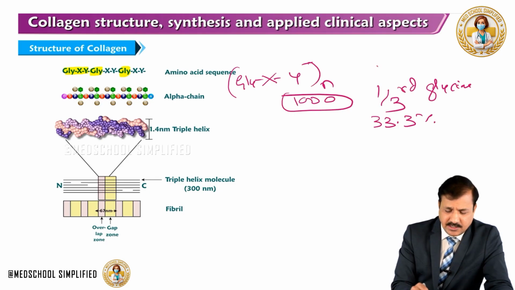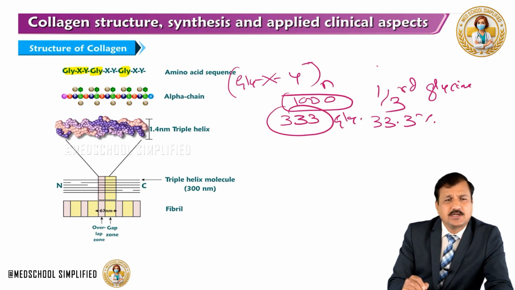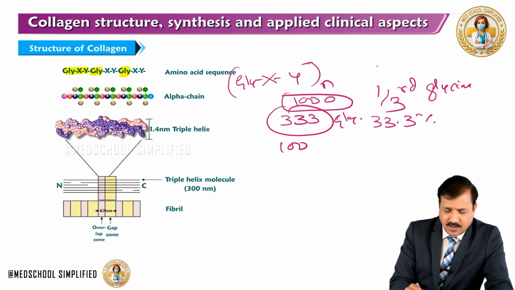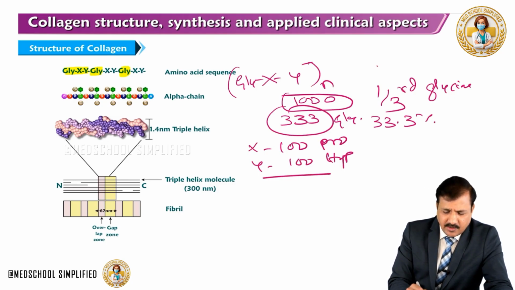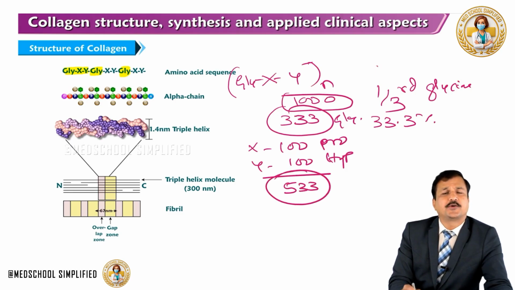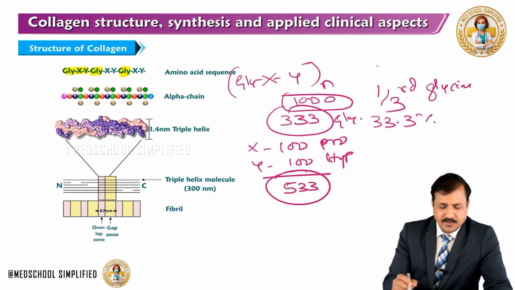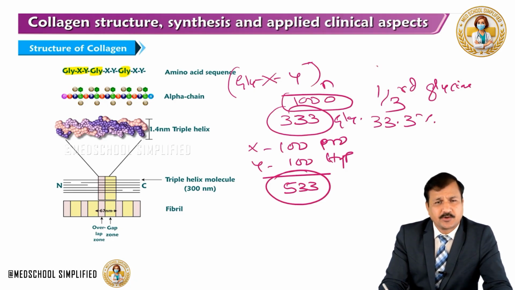So in 1000 it will be around 333 glycine molecules, and in the X position around 100 are proline, and in the Y position around 100 are hydroxyproline. So together we have around 533 amino acids contributed only by glycine, proline and hydroxyproline.